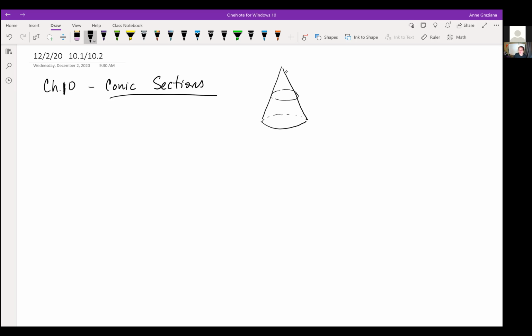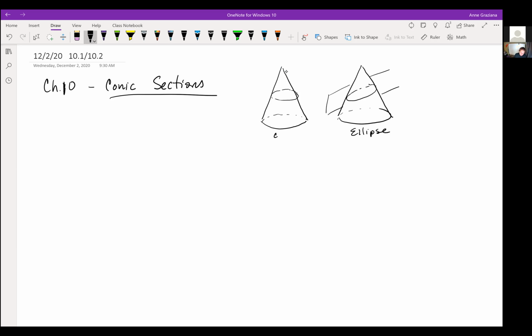So a circle is like a shape that we get from cutting a 3D shape in that way. But if I cut my cone on an angle like this way, if I cut it this way with my blade, the shape you get is something called an ellipse.